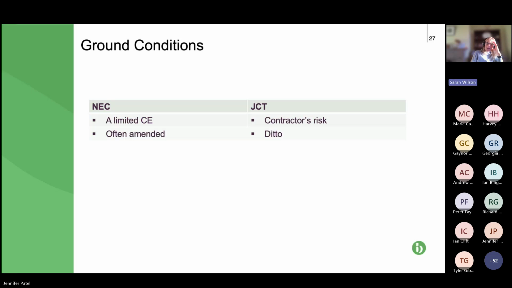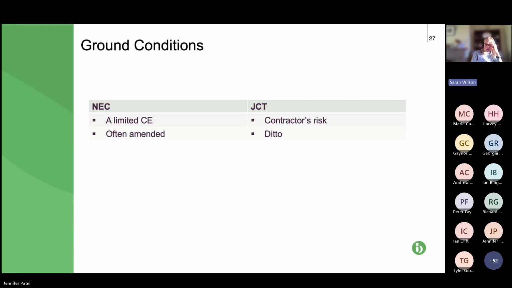Ground conditions again. I think we've pretty much covered that. It's a possible CE on NEC if the ground conditions are different to those in the site information, providing the Z clauses haven't pushed that risk over to the contractor, which is fairly common, and that's why I've said it's often amended.